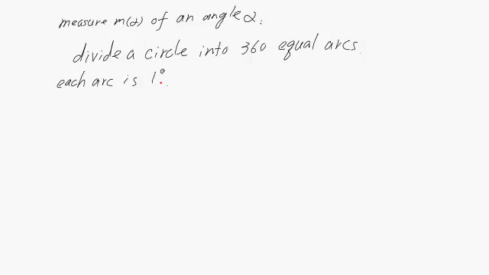Okay. You may wonder why we use 360 degrees, not 365, not 120, or not 100. Actually, this 360 degrees likely arises from the Babylonian year, which is composed of 360 days.